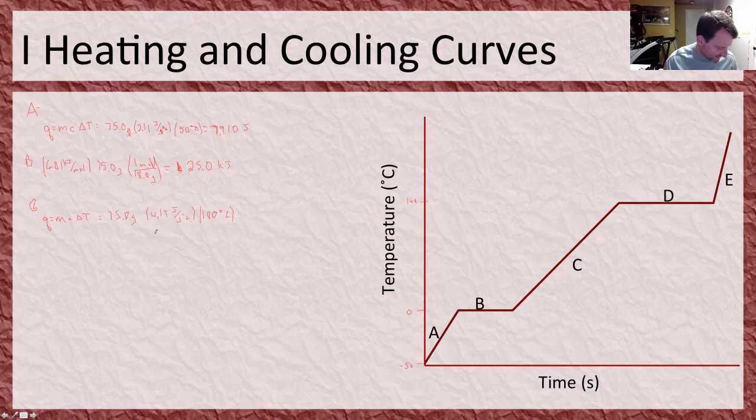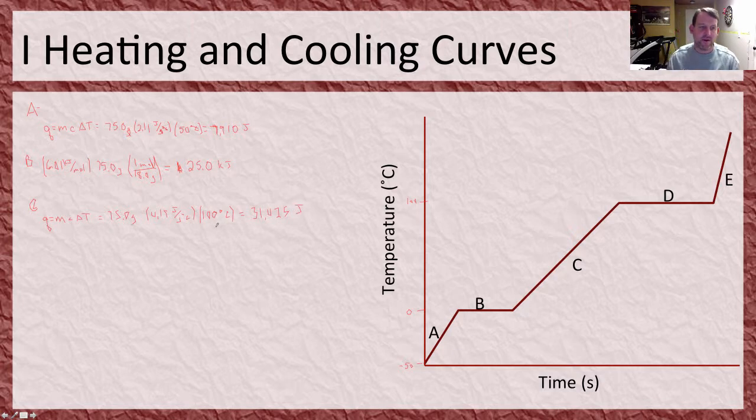So then I'm going to go 75 times 4.19 times 100, and I get 31,425 joules.